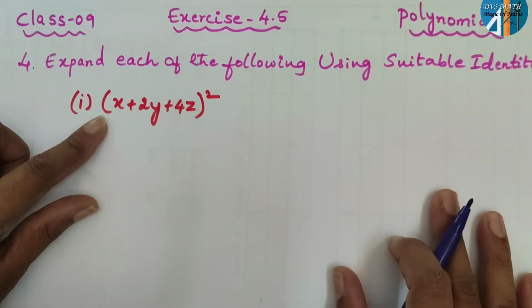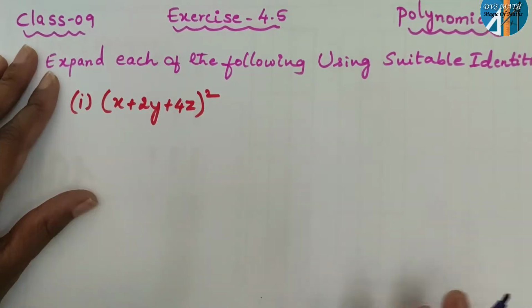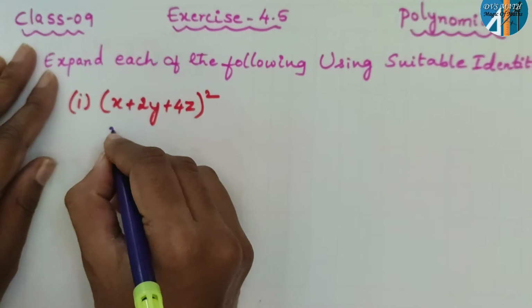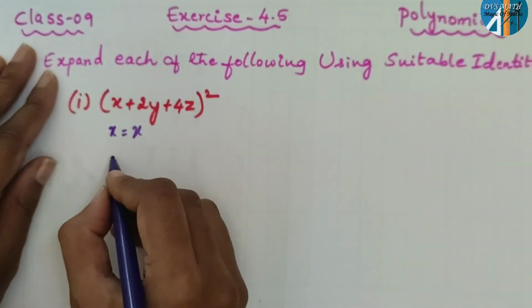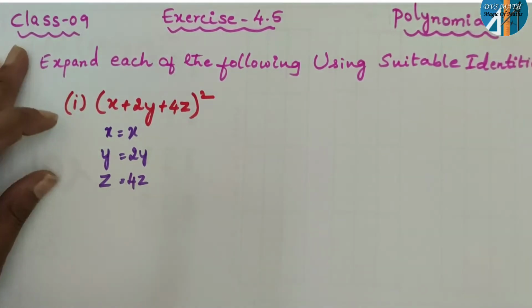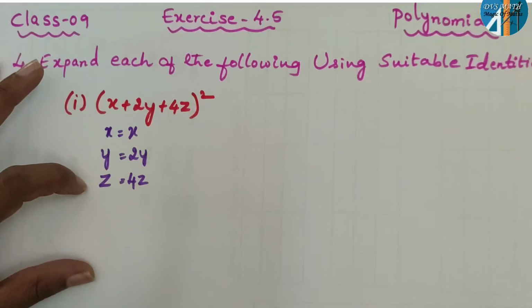Using that identity we are going to solve this question. So let us start. In the place of x we have x only, in the place of y we have 2y, in the place of z we have 4z.